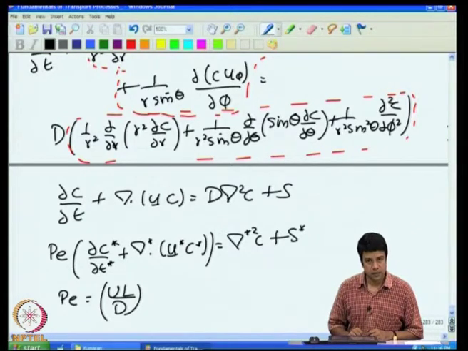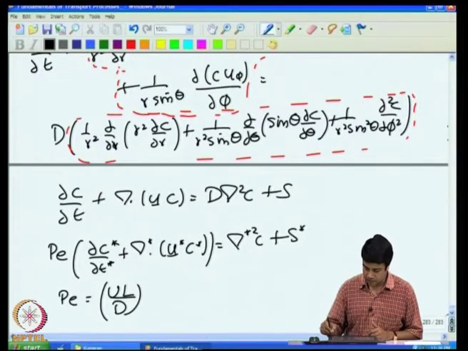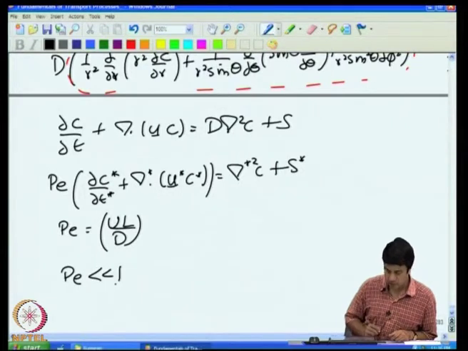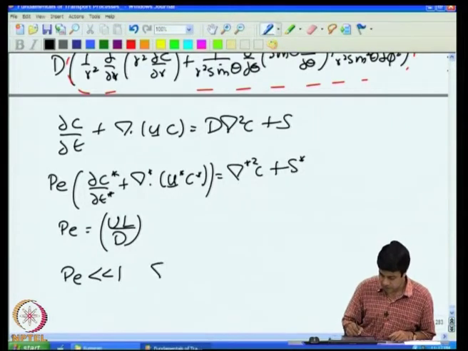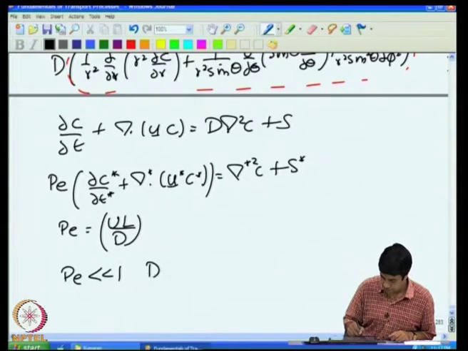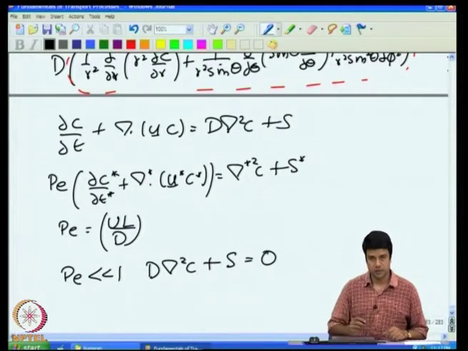In the limit where the Peclet number is small, the diffusion is dominant compared to convection. So, if the Peclet number is small compared to 1, I can solve an equation of the form D del square c plus any sources or sinks is equal to 0.